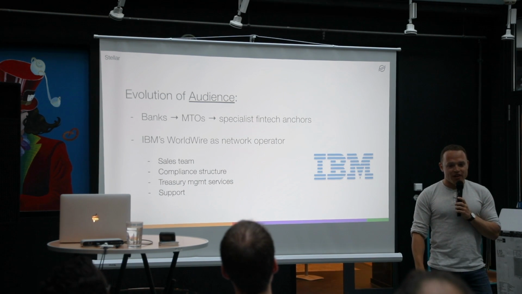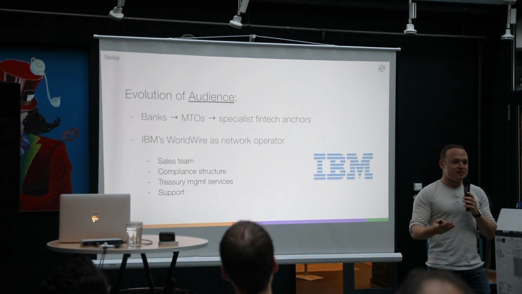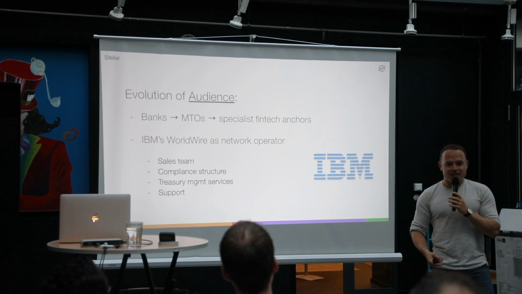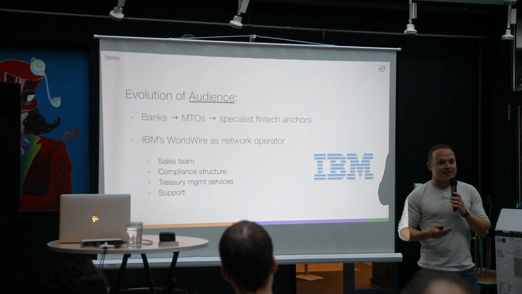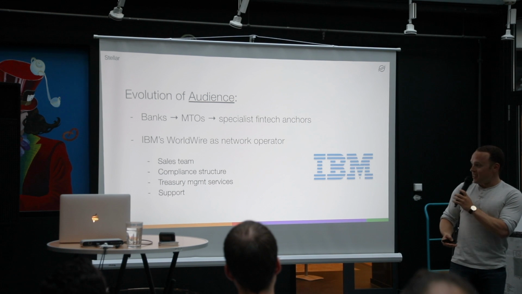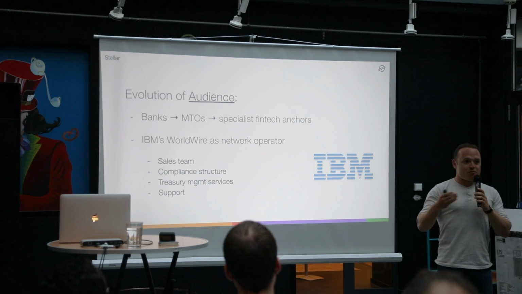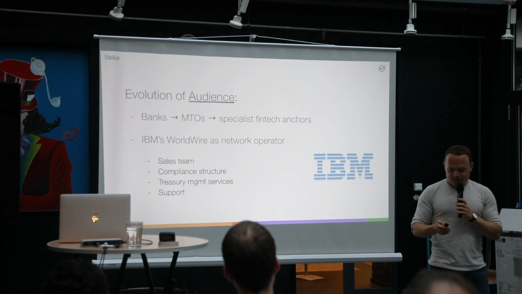So WorldWire is a network operator that provides a service to financial institutions. So things like having a dedicated sales team that knows how to call into banks, things like treasury management services, things like compliance and support. You know, banks need to have somebody to call when something goes wrong.